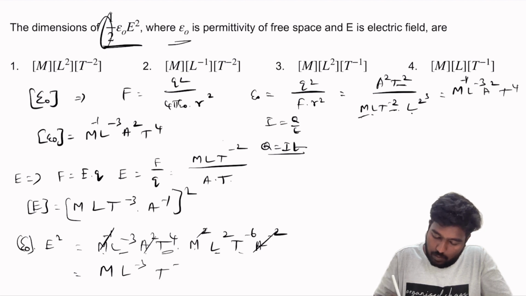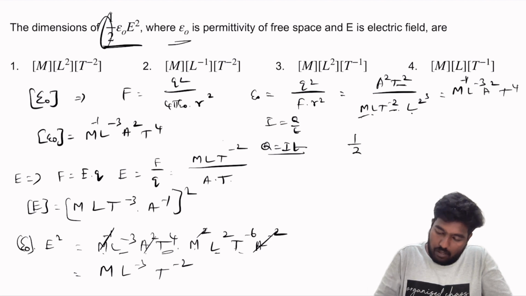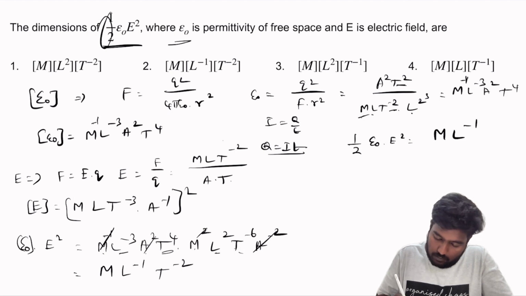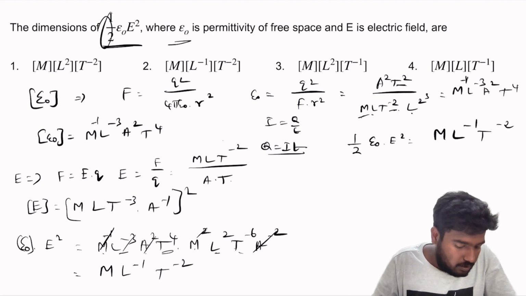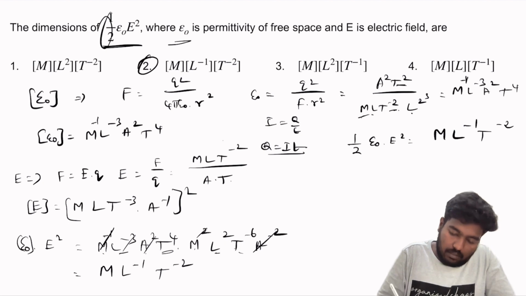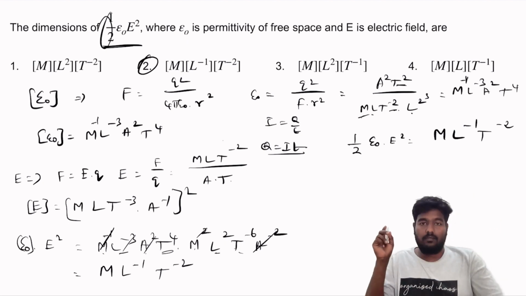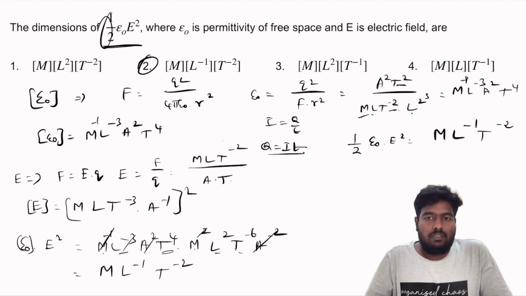So half epsilon naught E square will have the dimension of M L power minus 1 T power minus 2. Okay. Second option is, yes.